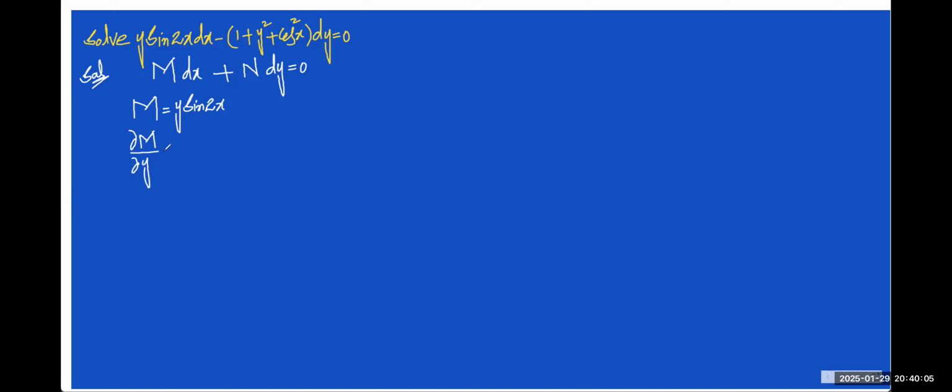Y is multiplied with a function of x, so the derivative of y with respect to y is 1, and sin 2x is your answer. Now the value of N is minus 1 minus y square minus cos square of x.